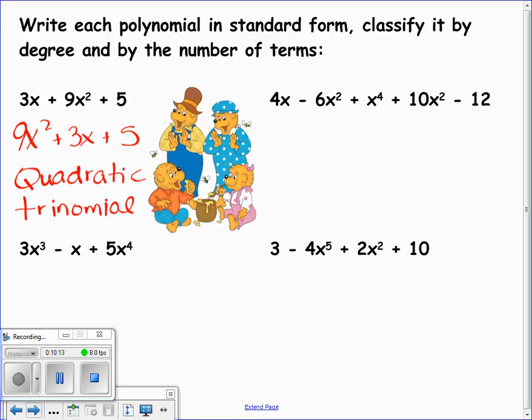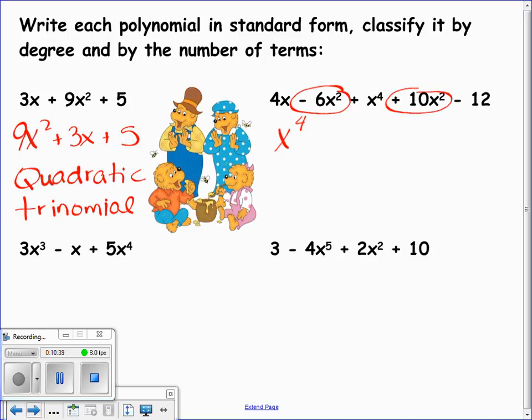All right, next one over there, 4x minus 6x squared plus x to the fourth plus 10x squared minus 12. Whew. Let's start one piece at a time, right? X to the fourth. Take a look here, guys. Minus 16x.